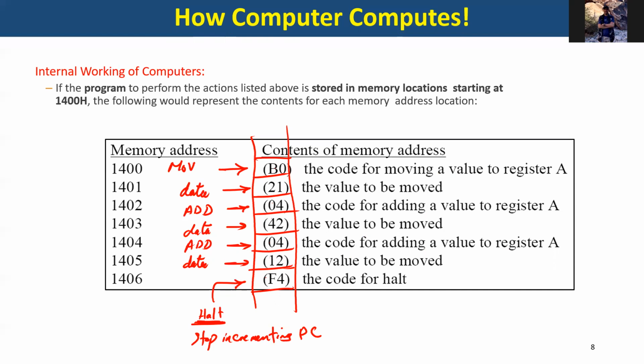The program counter, which points to the next instruction, is always incrementing. So after we execute our 3 instructions, we don't want to execute anything further. So we need to put this halt here. Okay. Again, this is a memory.